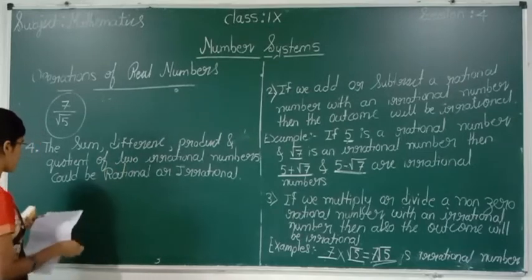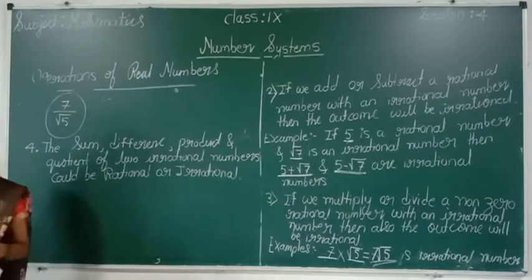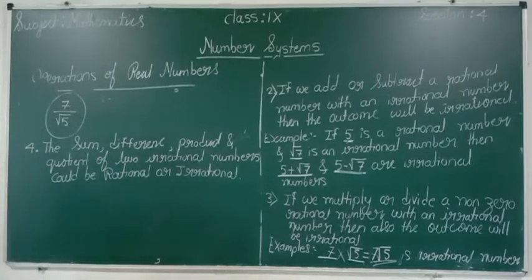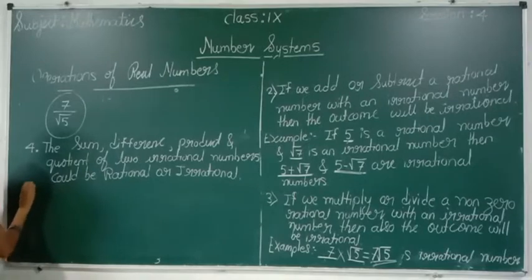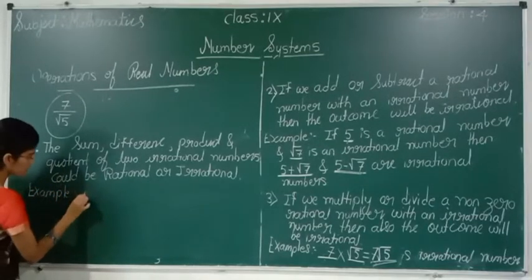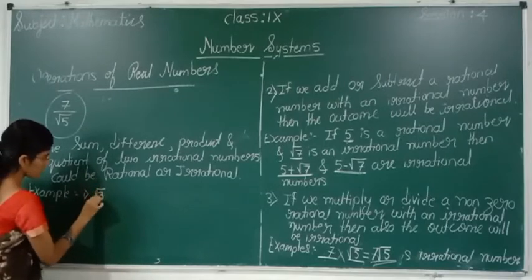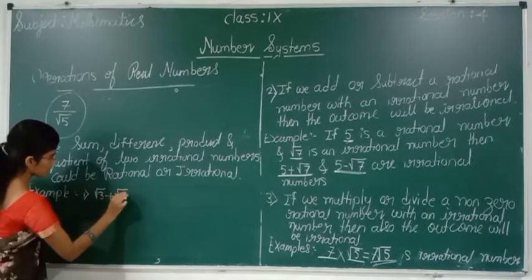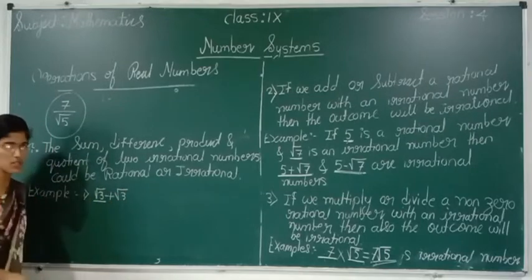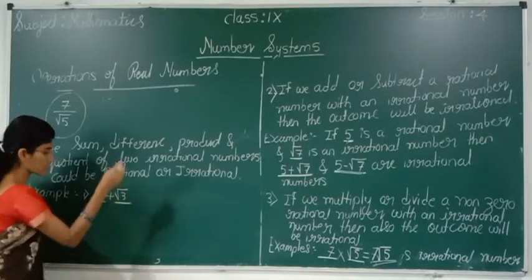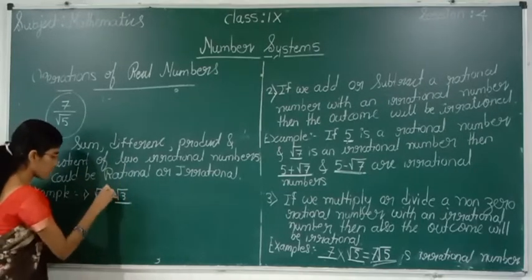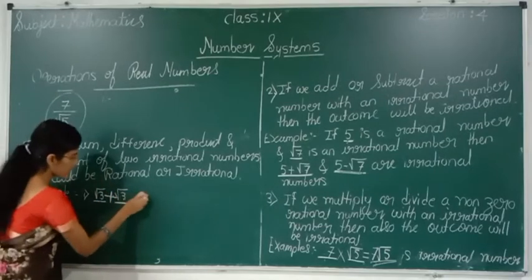We will see a few examples related to this. What will happen if you take two irrational numbers? See here, examples. If I take root 3 plus root 3, root 3 is an irrational number and here root 3 is also an irrational number. If you do addition, what may be the answer?